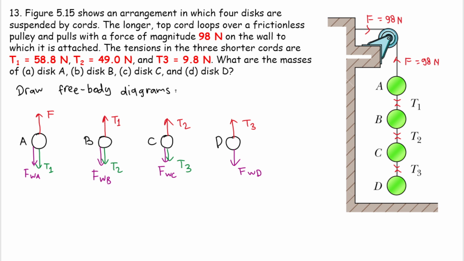Good, and now we have 4 free body diagrams, but I think the simplest one here is the disc D, right? Because we only have 2 forces here. So at disc D, we will have the sum of the forces in the y direction equal to the mass multiplied by the acceleration.